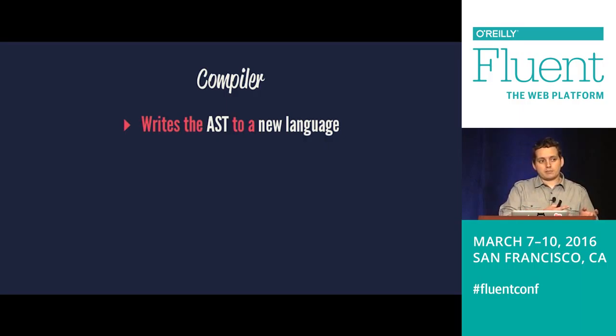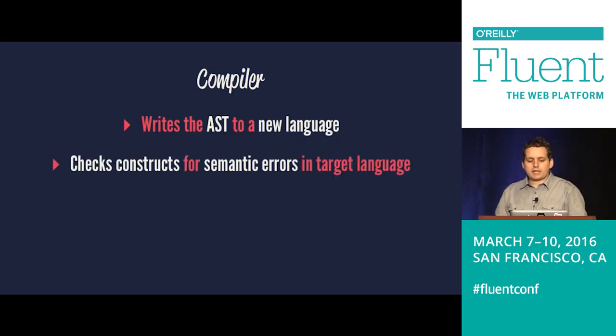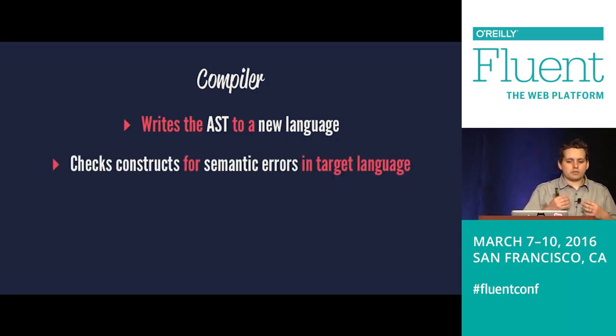If you were going from custom language to Python, you would have a definition class method that says write to or whatever, and it would return a string of Python code.